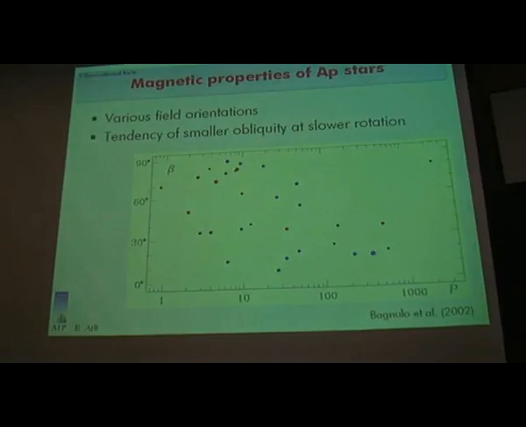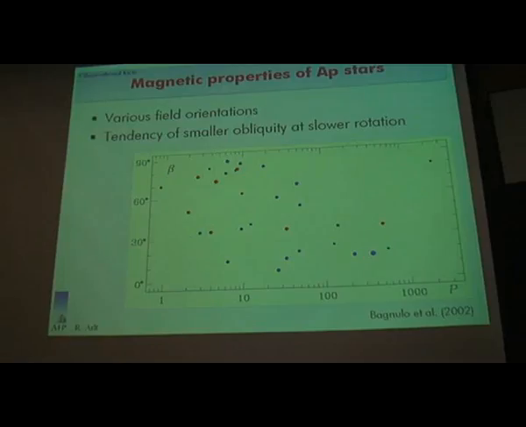To find out from where, we need all the characteristics we can measure. And one thing is that these fields, unlike the Sun, are not aligned with the rotation axis. They have all kinds of different inclination angles with the rotation axis. And you see this is plotted here over the rotation period.